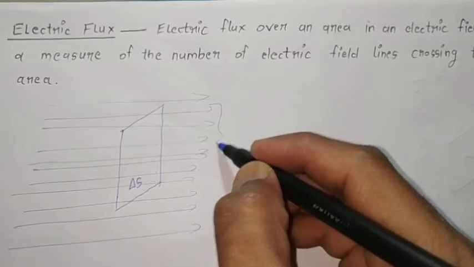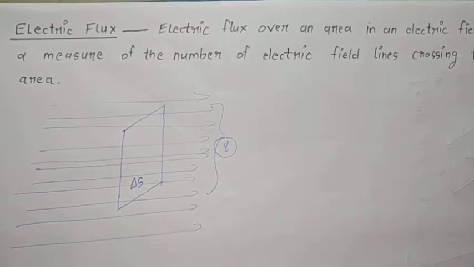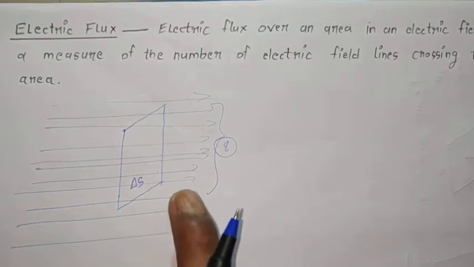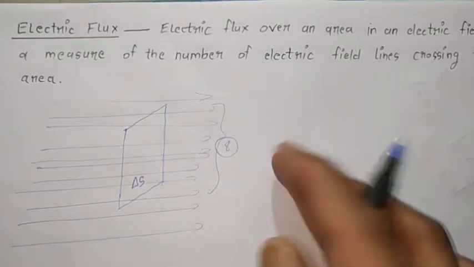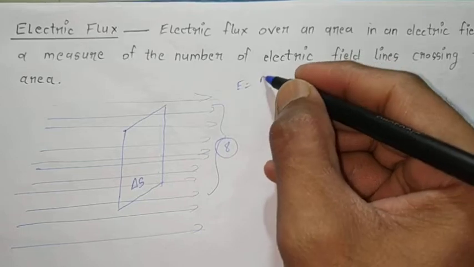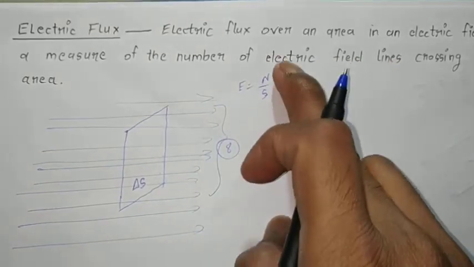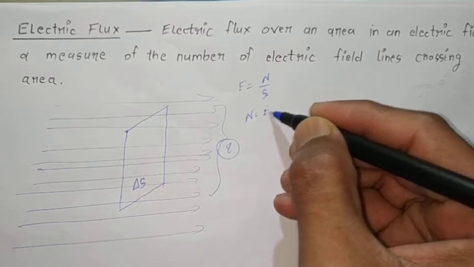I have 8 field lines passing this area. In simple mathematics, electric field is n by s, number of field lines divided by the surface, so the number of field lines will be E into S.